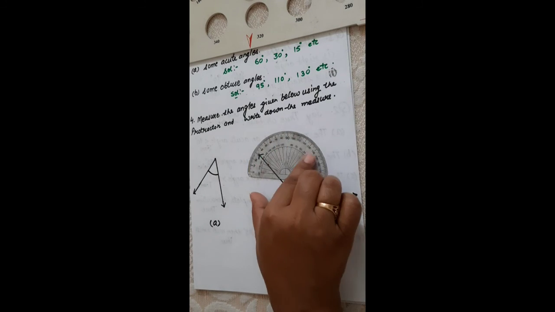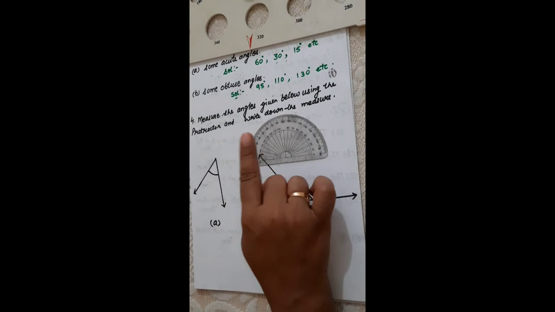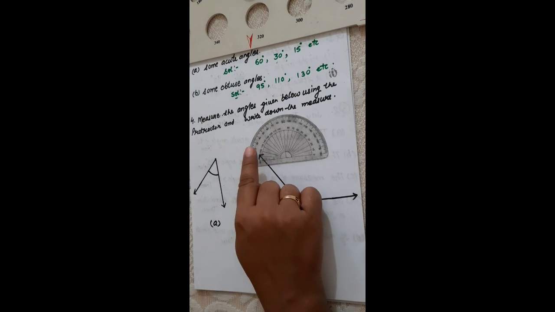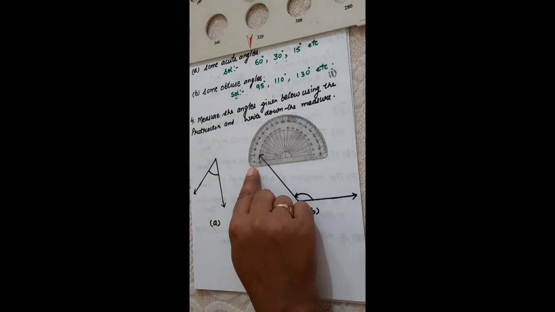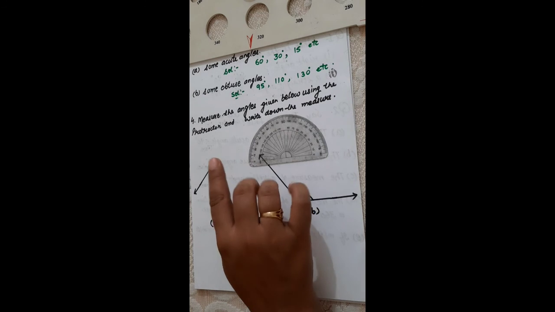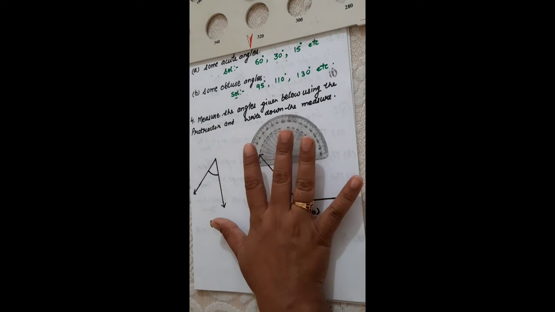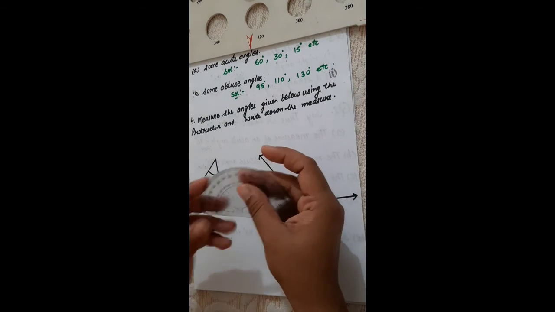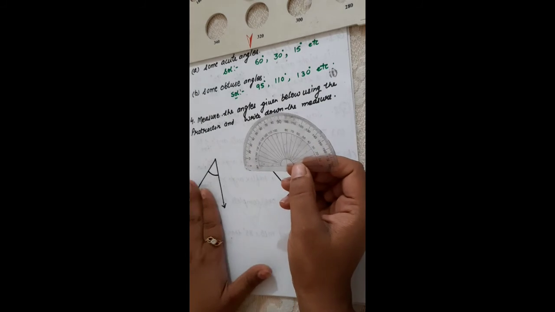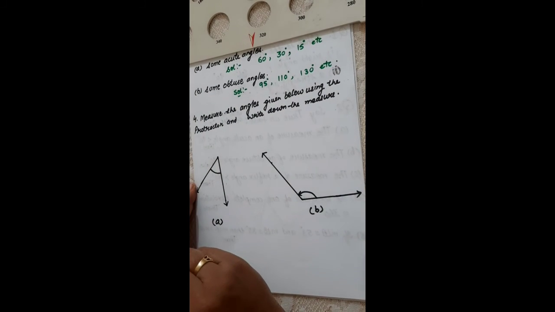The curved edge is divided into 180 equal parts, and each part is equal to one degree. The marking starts from 0 on the right side and ends with 180 on the left side, and vice versa.